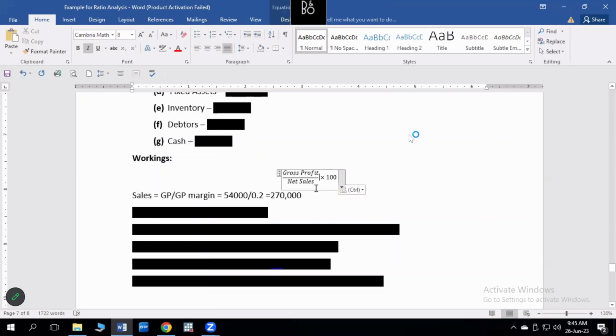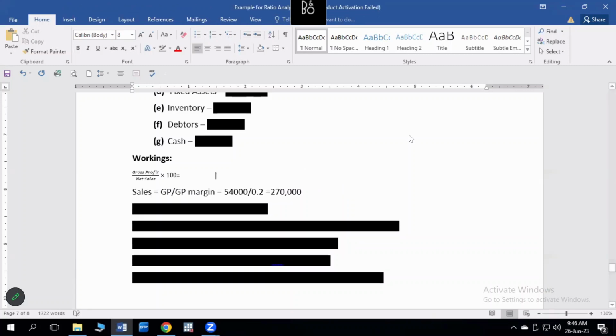Gross profit margin is gross profit over net sales. So taking this, you can substitute. Gross profit is given as 54,000. 54,000 is given.